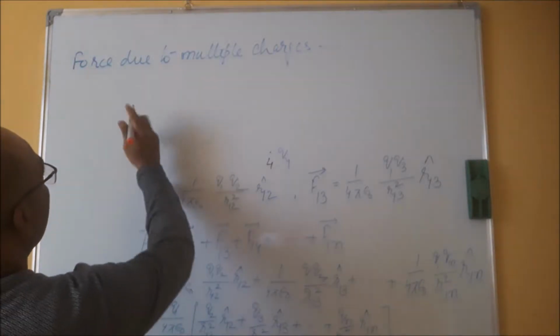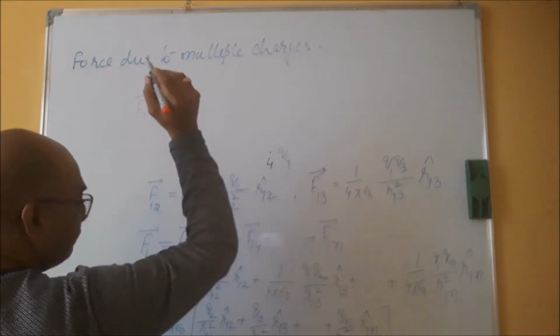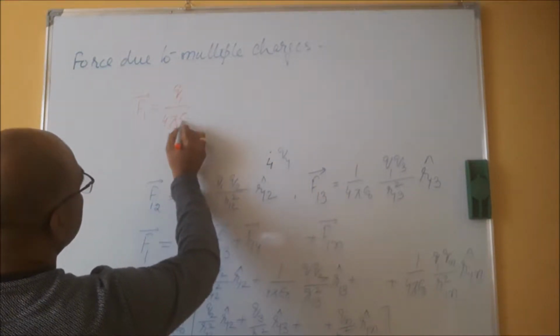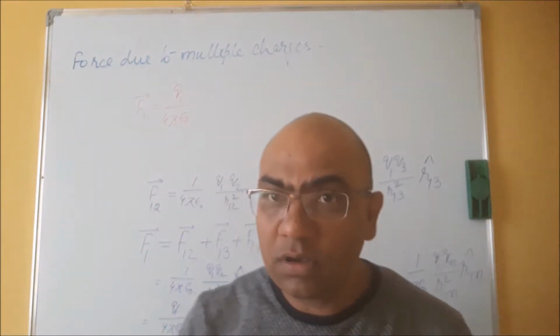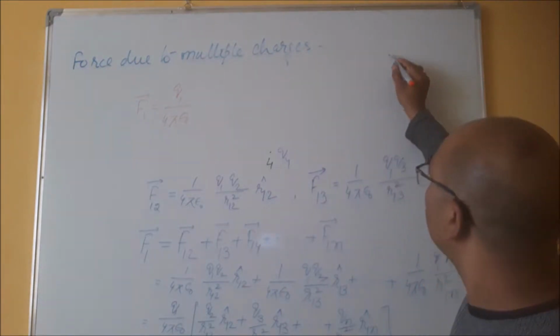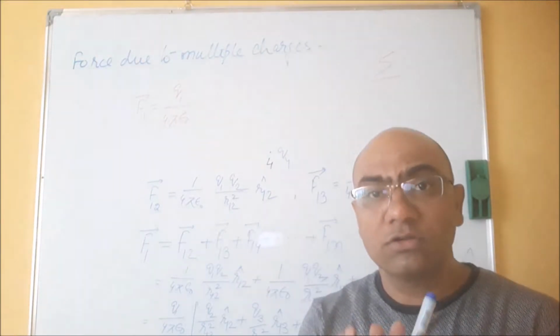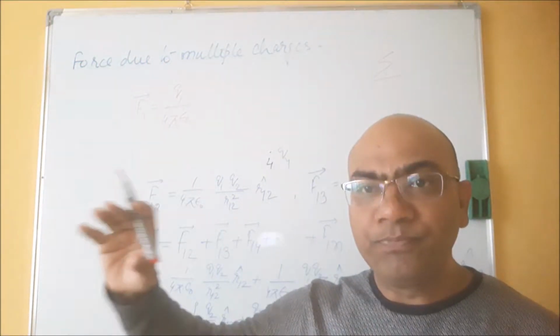I can write f1, the final formula, as q1 upon 4 pi epsilon naught, and I'm supposing that you know this function. This function is used for showing the sum of different terms.